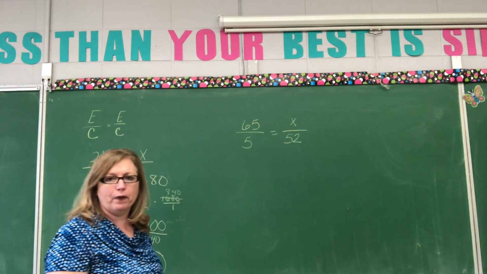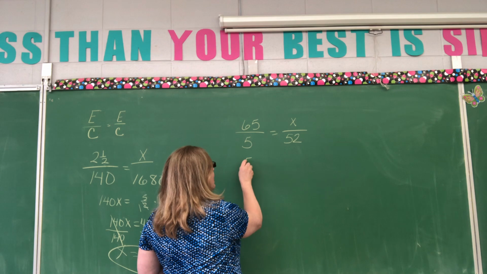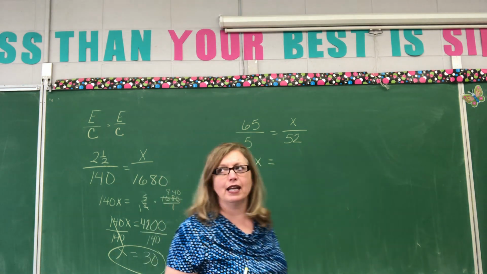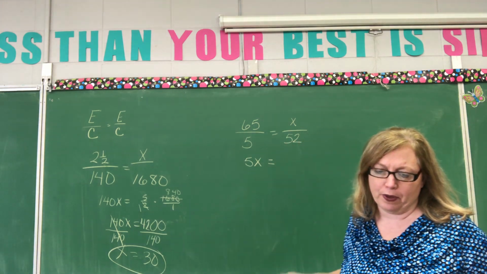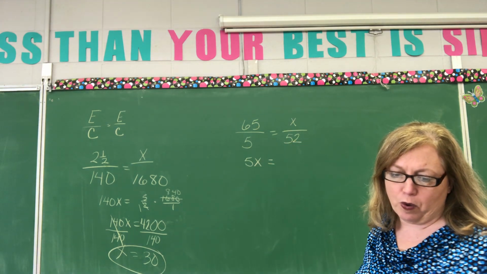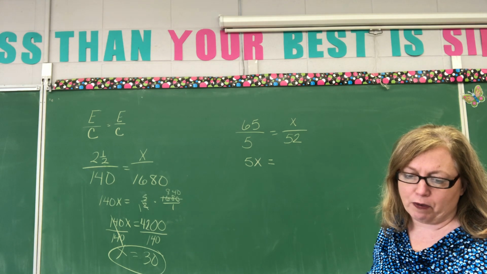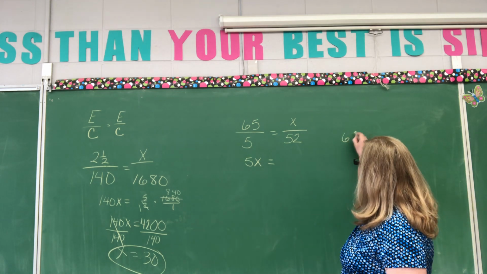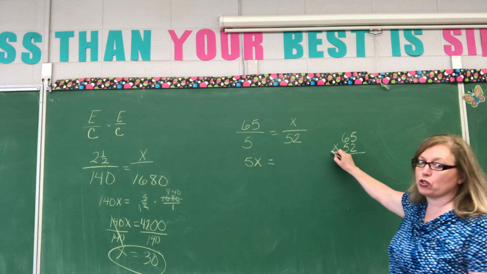Now, what do we do? I cross multiply. Okay, 5 times X is going to be 5X. Then I'm going to have to take 65 times 52. Let's go over here and say 65 times 52, because I want you to all see this, not everybody multiplies super great.